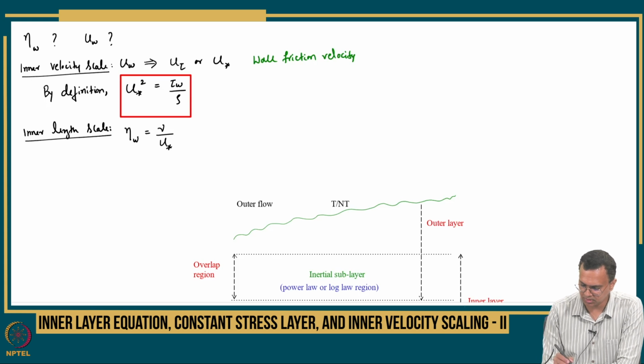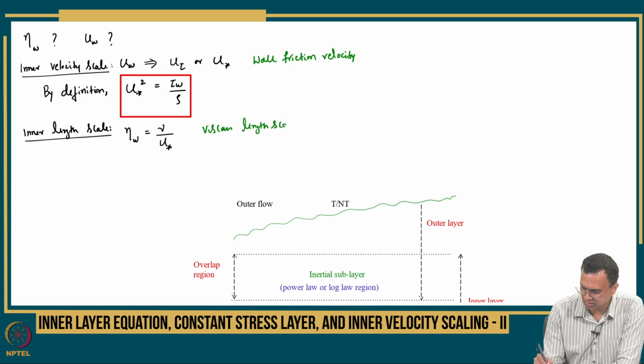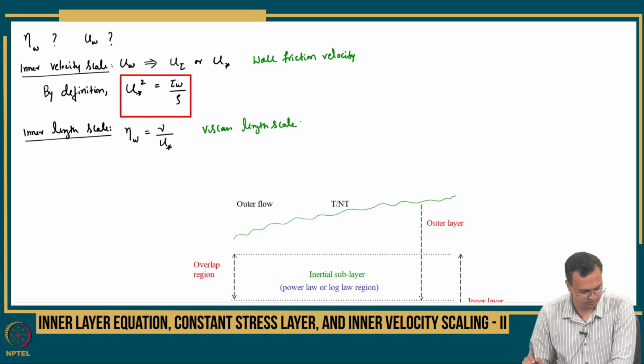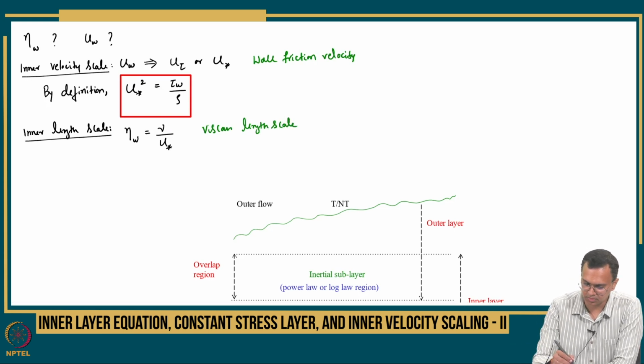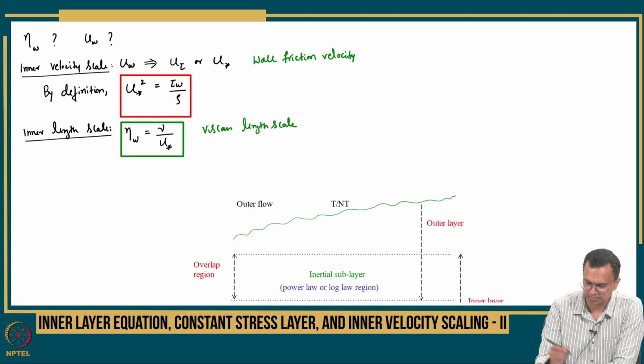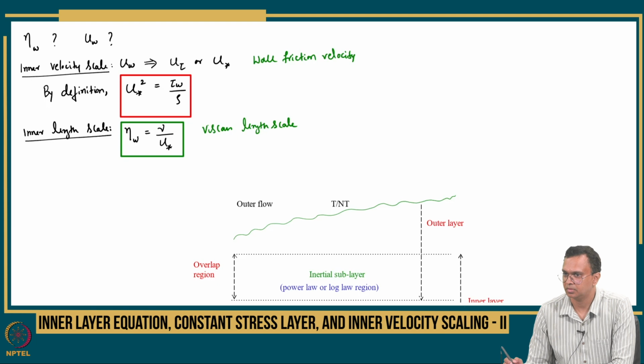And when u star is known, I can compute the inner length scale, and this inner length scale has a name which is called viscous length scale, simply because it depends on the viscosity. So this is called a viscous length scale. Okay, this is your nu by u star.